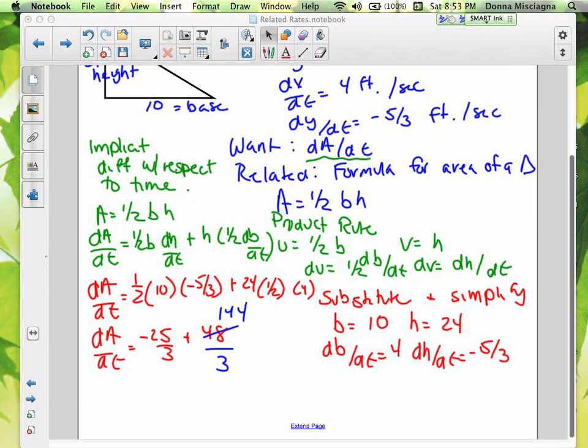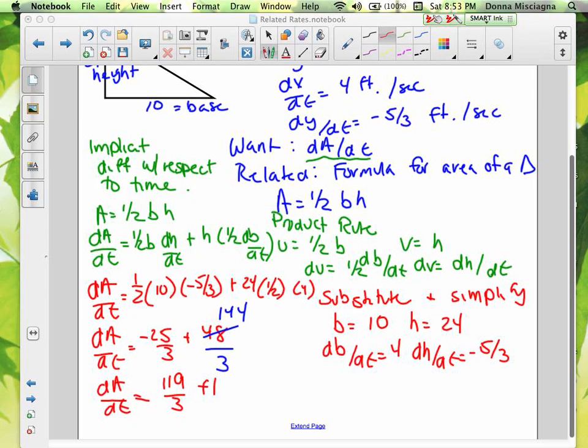So dA dt is -25/3 plus 144/3, which gives us 119/3 feet squared per second, because area is measured in square units. And so this time the area is increasing.